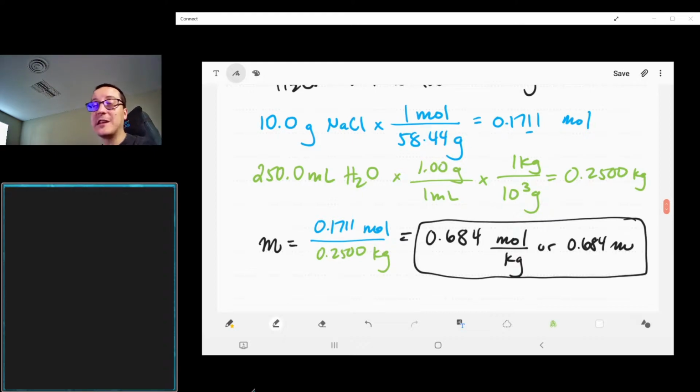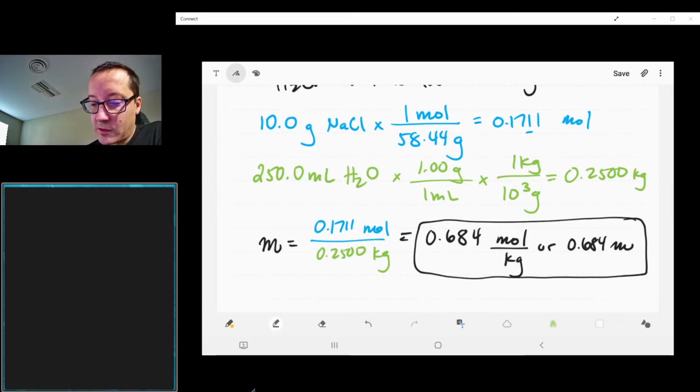Mole fraction is technically another method of concentration, but that's not commonly used for solutions. So it's also more work, right? We like to minimize the amount of work we do by using the best units that we can for the task that we're suited for.